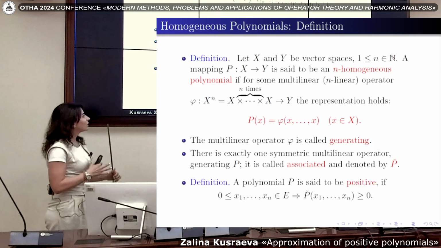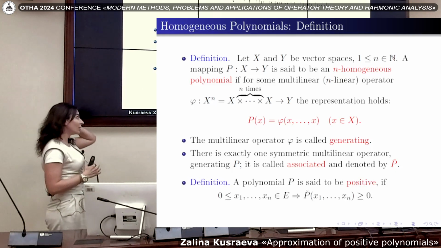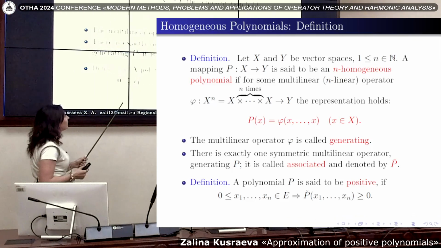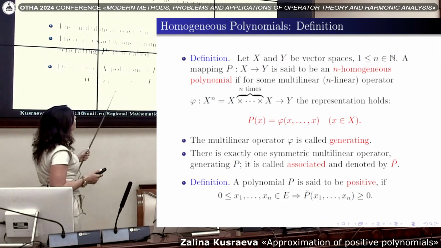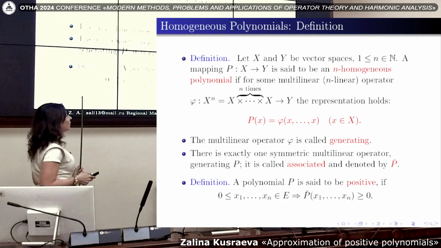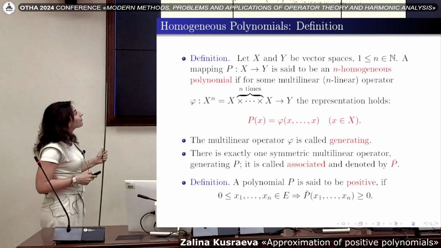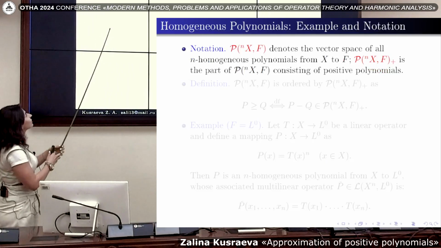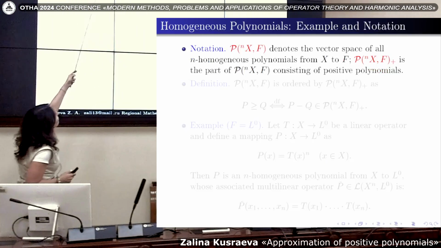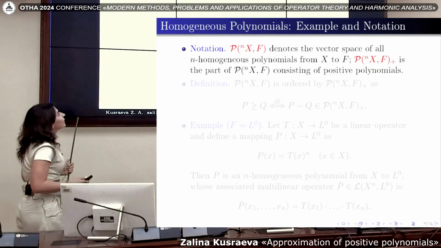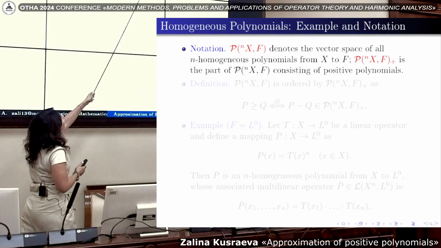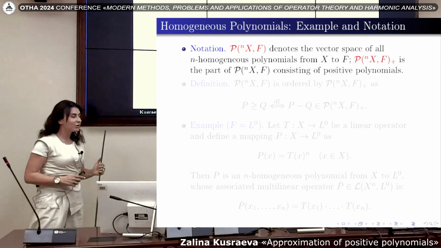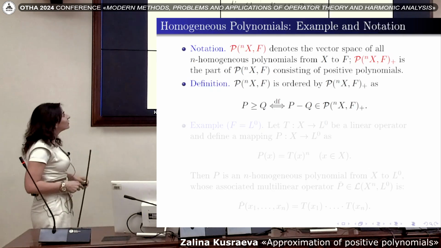Also, a class of polynomials which we are working with is positive polynomials. A polynomial is positive if its associated multilinear operator is positive. And one more, the notations. We use this notation for the class of n-homogeneous polynomials, and by plus is denoted the part of polynomials which consists of positive polynomials.